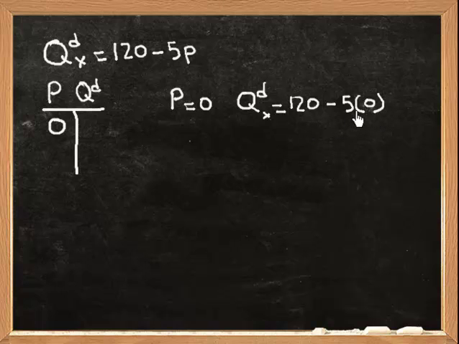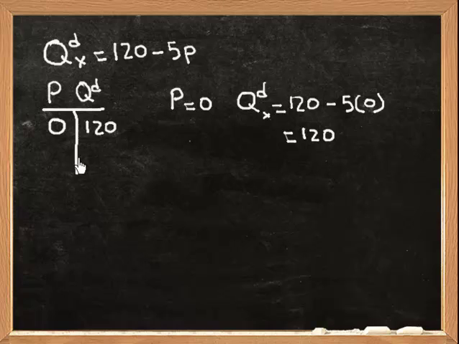So we know that 5 times 0 is 0, so the quantity demand is 120 minus 0, or 120. So when the price is 0, consumers are willing to buy up to 120 units.